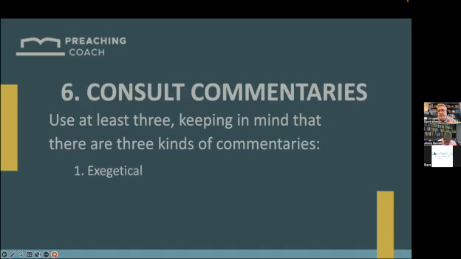These commentaries are crucial if you've had Greek. They are less important if you've not had Greek. But I want to say this. Even though you may not have had Greek, you can benefit from these commentaries. You may not be able to understand the Greek that's there, but you can read everything they say about the Greek that is there. So these commentaries are actually helpful even if you have never studied Greek.